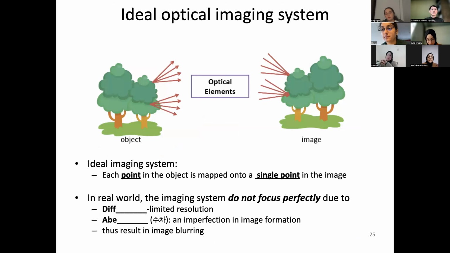So going back to the optical system again, there's an object, light scattered or coming out of every single point, and you somehow use optical elements to map back to 2D, which we call an image. So this is simple imaging: each point of the object is mapped onto a single point in the image.